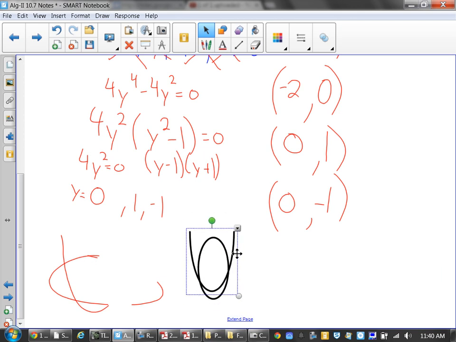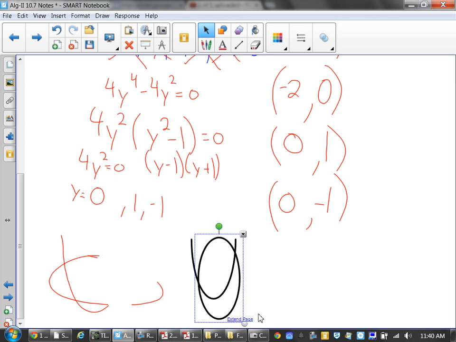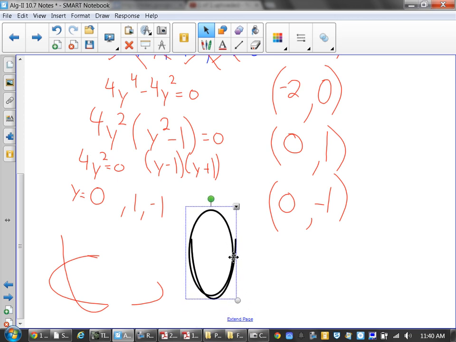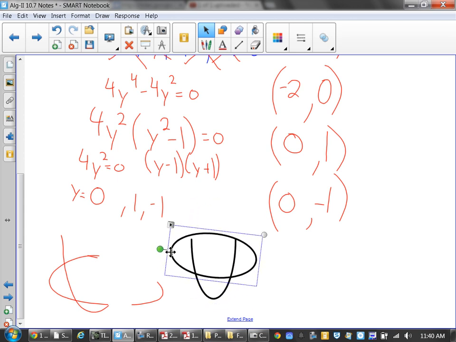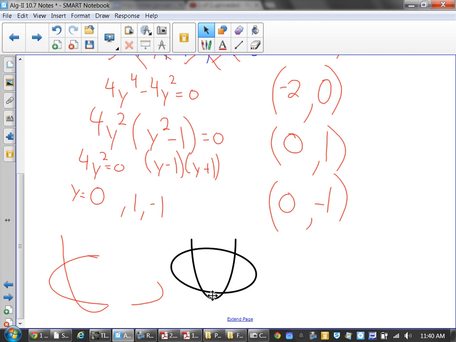I'm trying to get this to blend right. Just make the ellipse a little bit wider. Okay, now that'll be good. There you go. There's 3 spots.